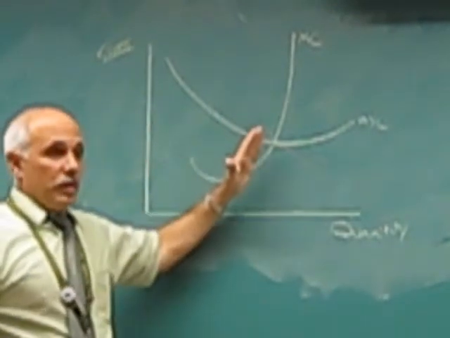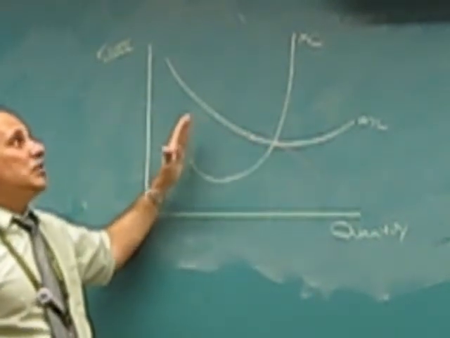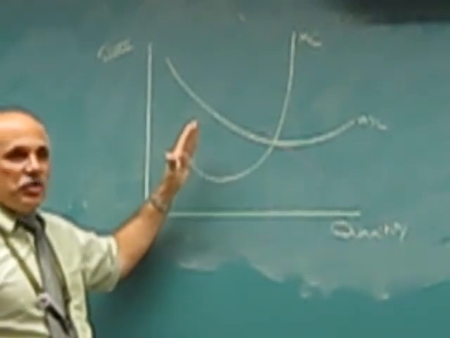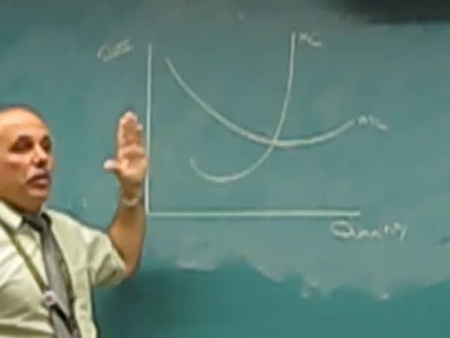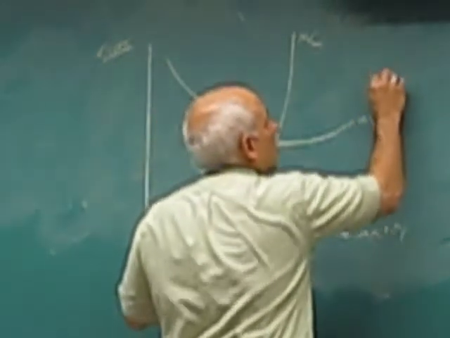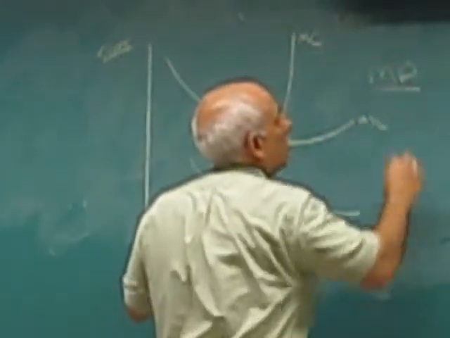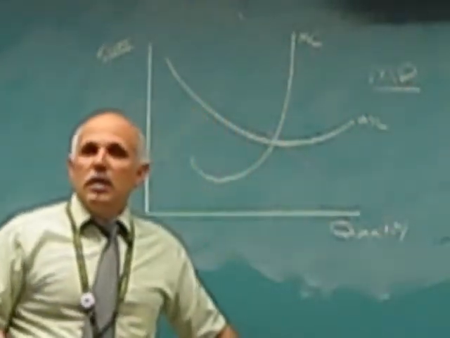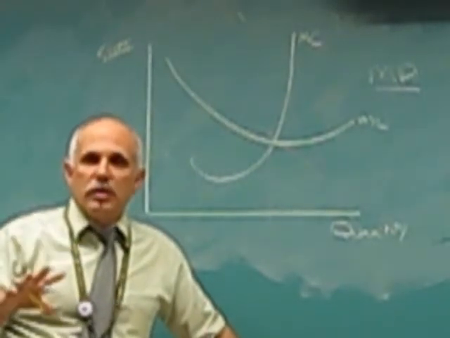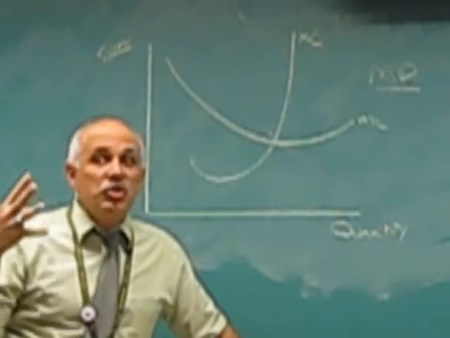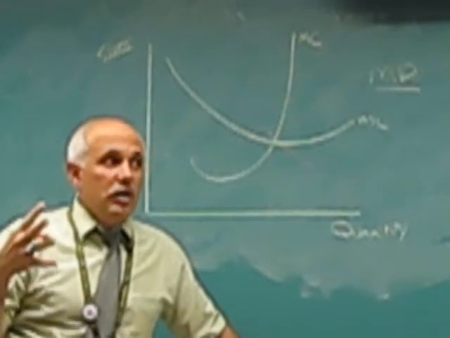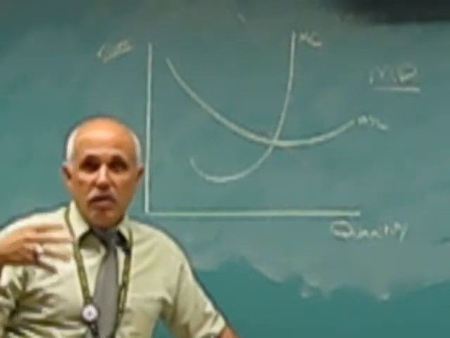Okay, so these are the 2 big ones. Now, why does the marginal cost curve take this shape? It has to do with the marginal product. What's the marginal product? We just talked about it in our unit about labor.